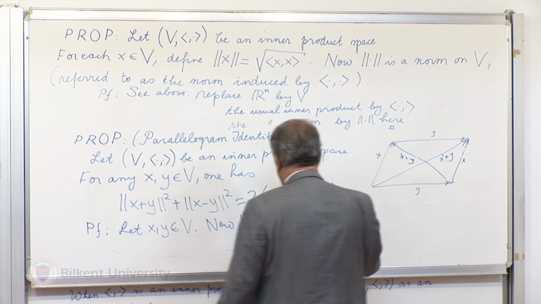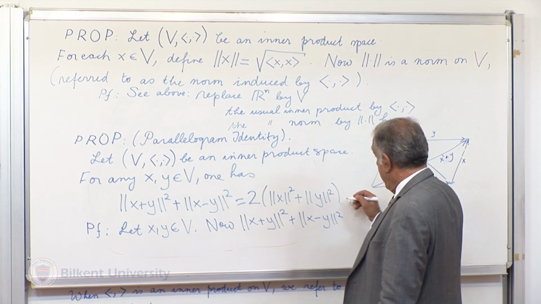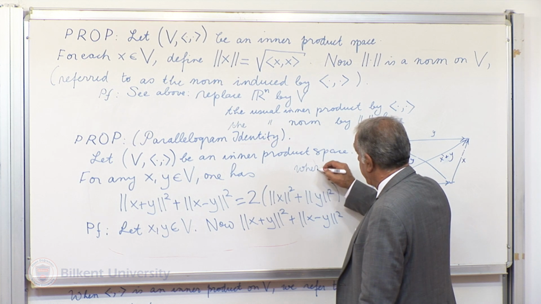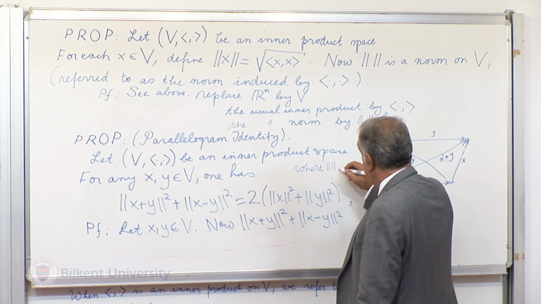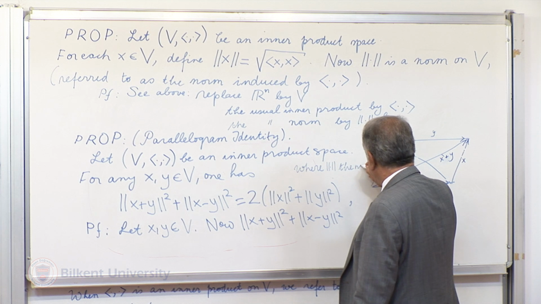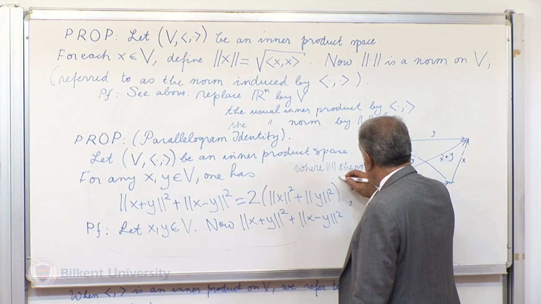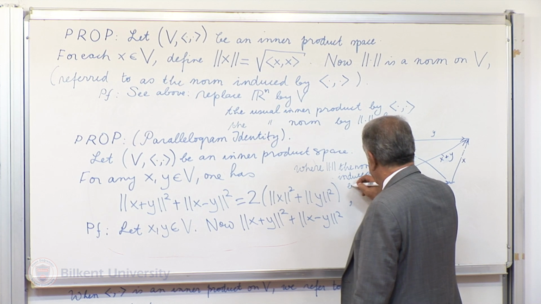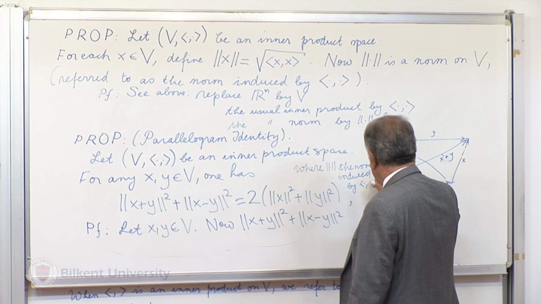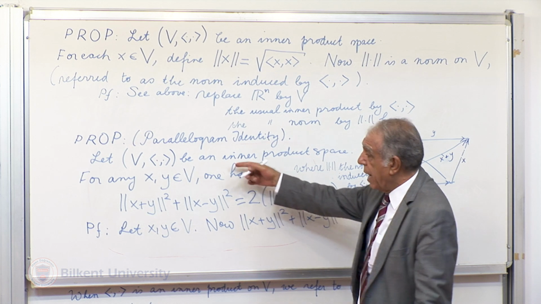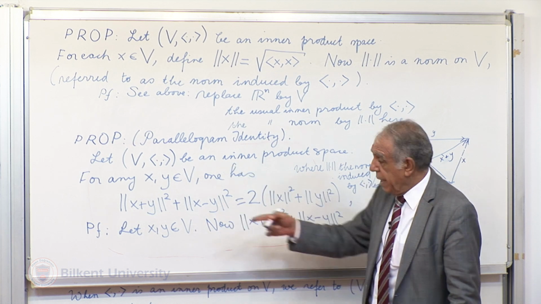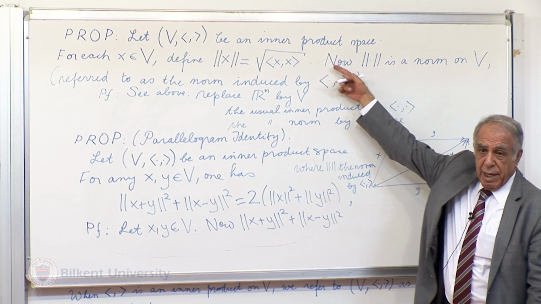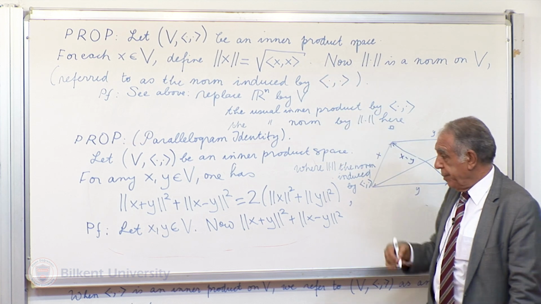Now here, that's clear, but where this is the norm induced by the inner product here. We start with an inner product space, and here we use the norm which is induced by that inner product in this sense, okay?